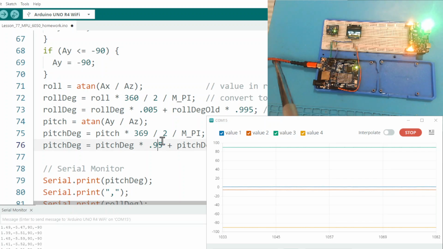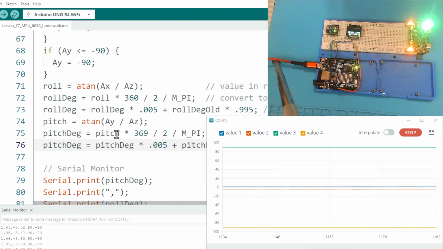I got it backwards. And we'll go over here to this one, 0.995. Okay, that should fix that. And if you look at it, this is the new data, and this is the old data. The old data will get most of the emphasis, and the new data will only get a small amount.